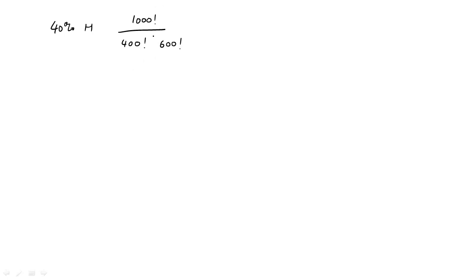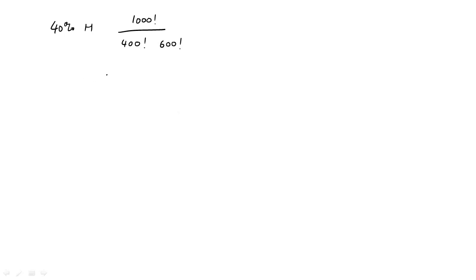Now 1000 factorial is a huge number and you will not be able to do this on your regular calculator. As indicated in an earlier lecture, you can use the Stirling approximation to calculate this large factorial. Let me work this out explicitly here.